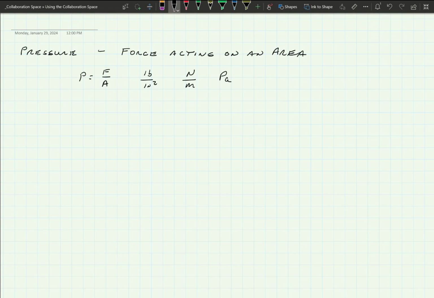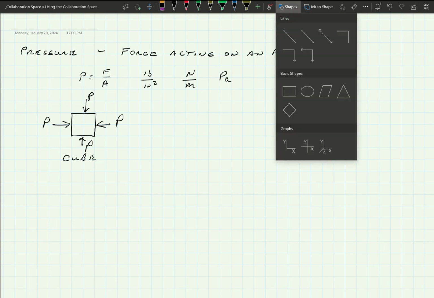Now, the interesting thing is, and this is going to sound really dumb and basic, but if I have a cube and I stick it in some water, P, P, P, P, and that defines a cube. Then I can have a sphere. That's a really crappy sphere. Let's do this. We have shapes.